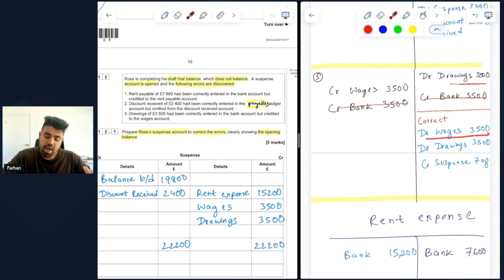Okay. And at the same time, we know that we could have recorded drawings of £3,500, which is to debit, and we just explained why it's a debit, being a reduction in owner's equity. So debit wages by £3,500, which offsets the effect of previously crediting wages by £3,500. Then we are debiting drawings by £3,500.